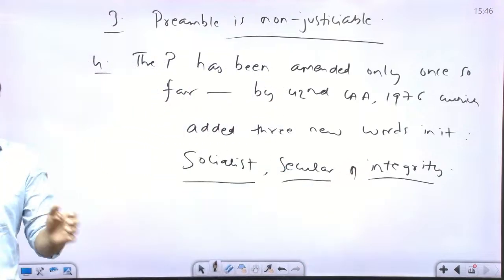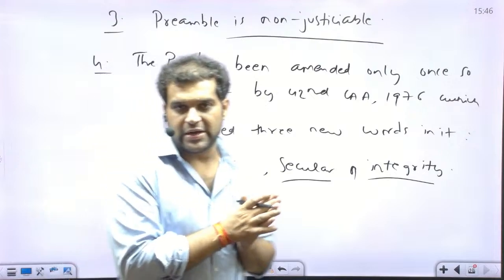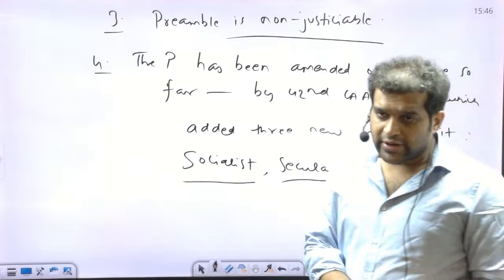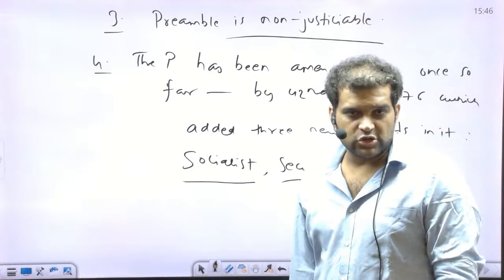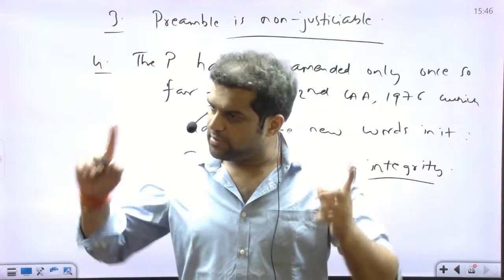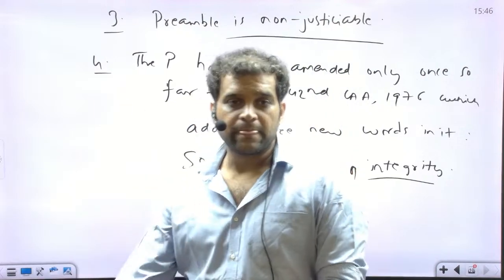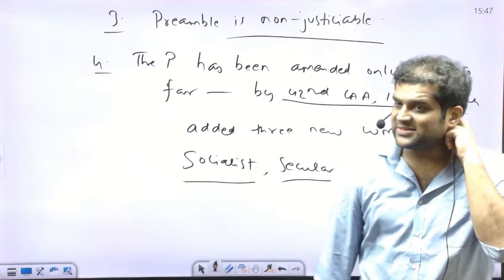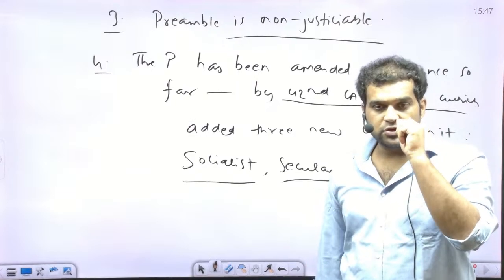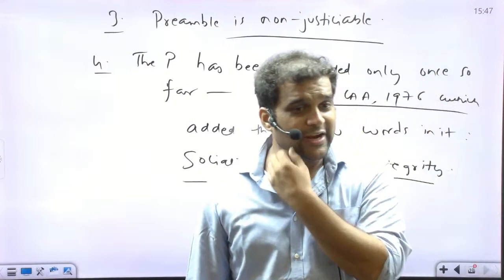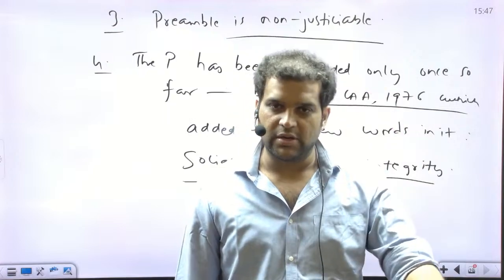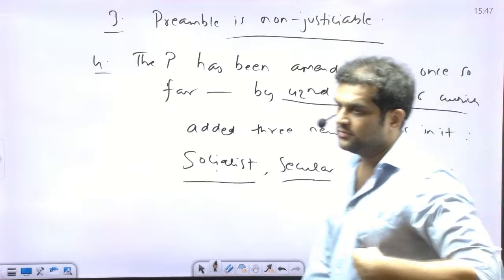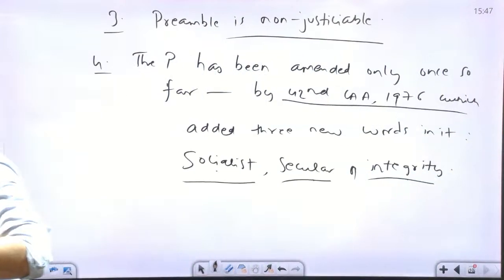Since its existence, up to this October 2024, our preamble has been amended only once. And it was amended by what amendment? The 42nd Amendment of 1976, which actually added three new words in our preamble. The words are socialist, secular, and integrity. All right.